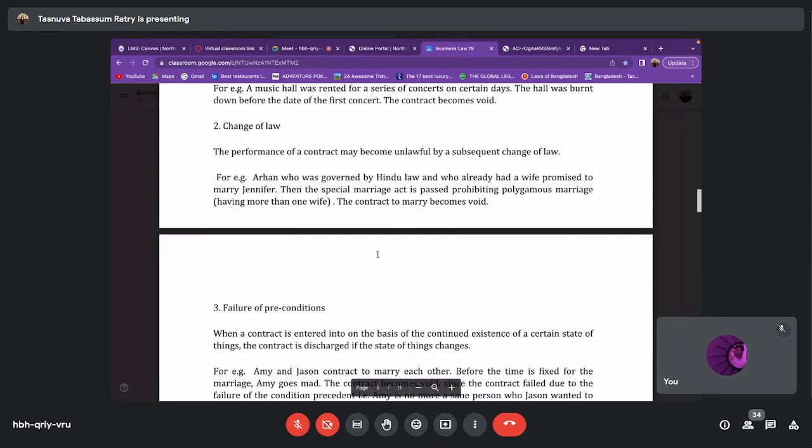Many times, due to a change of law, some things become unlawful. So if the performance of a contract becomes unlawful due to any subsequent change of law, that contract will be terminated by supervening impossibility.